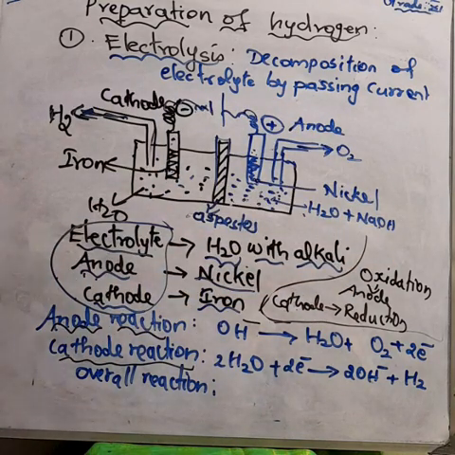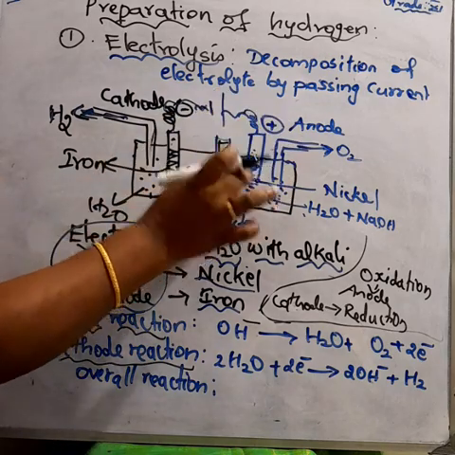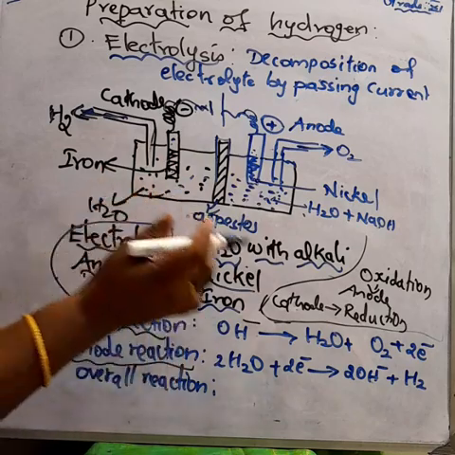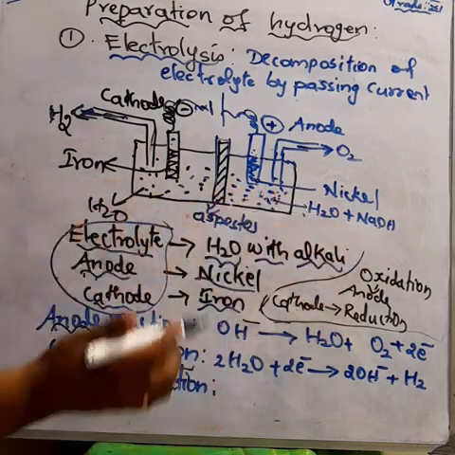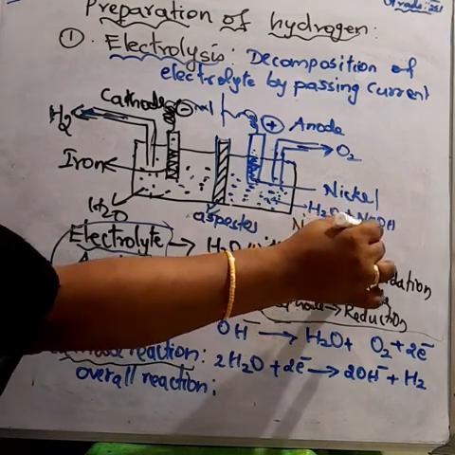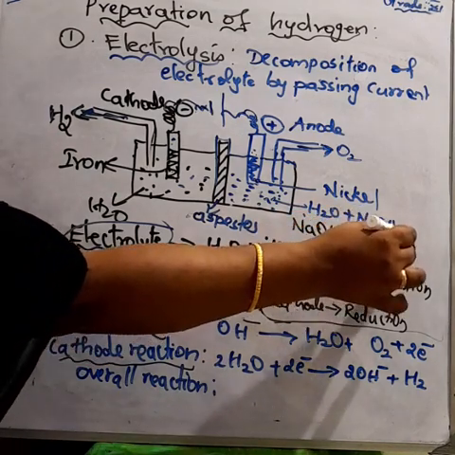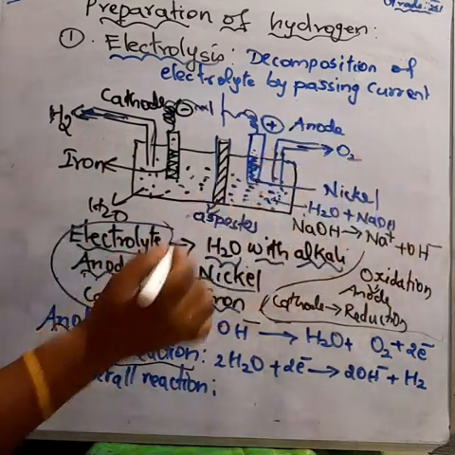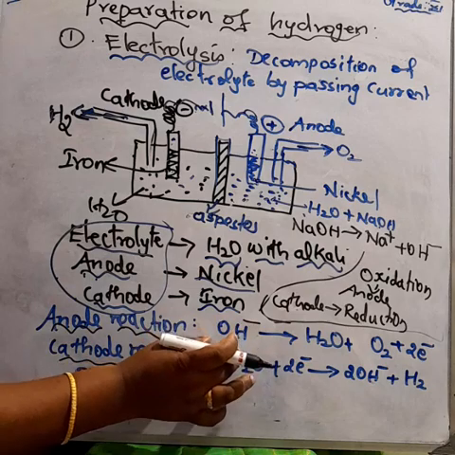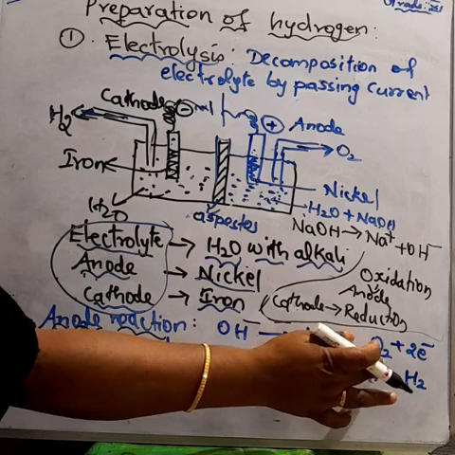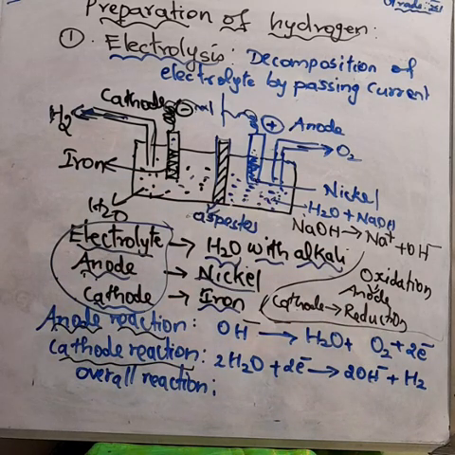When we pass current through this electrolyte, water mixed with NaOH, the electrolyte is decomposed to form Na plus and OH minus ions. Then these OH minus ions are further decomposed to release oxygen gas as the byproduct.